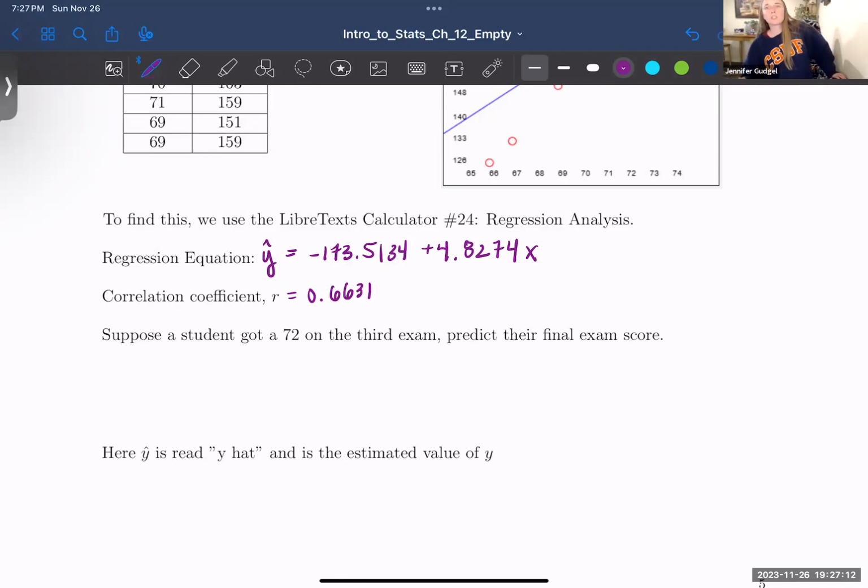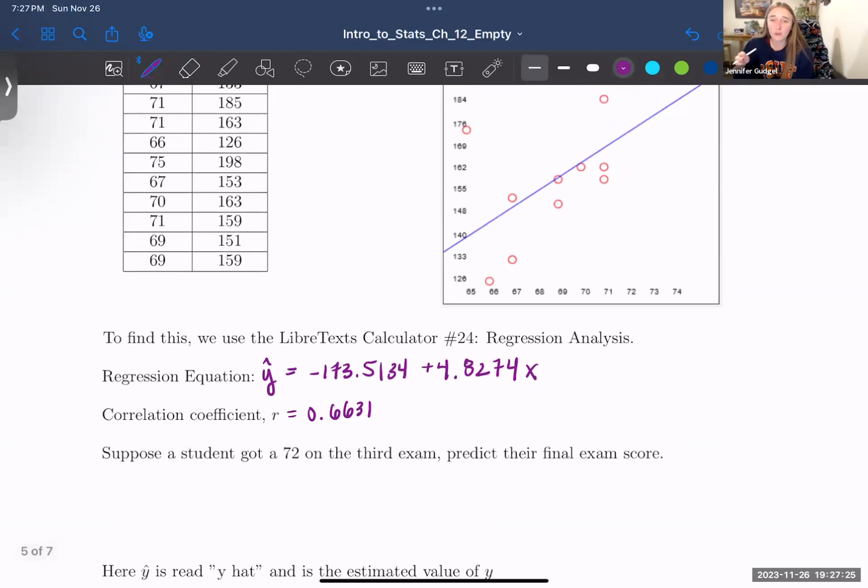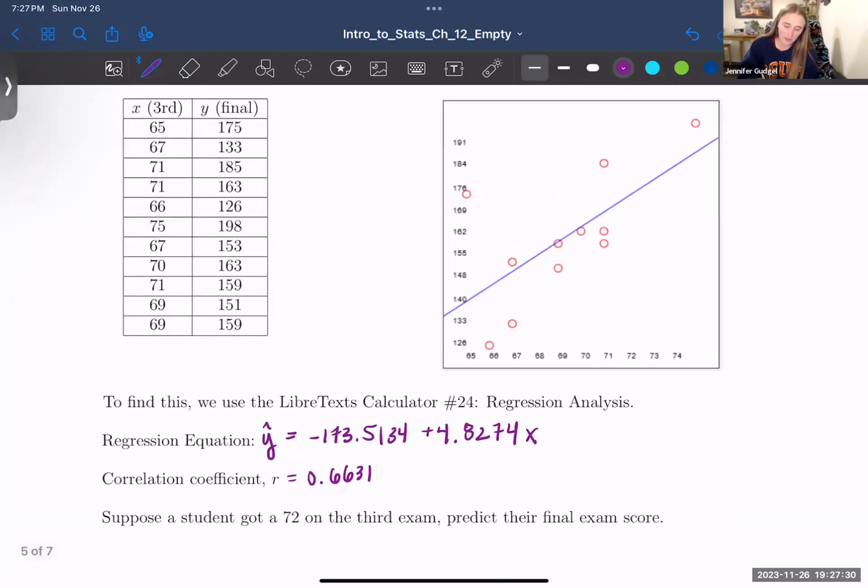Now, the correlation coefficient is important. It's because this is actually letting you know how good your line is fit. If your R is 1 or -1, your line is perfect. It touches every single piece of data. If your R is 0, that means that there really is no correlation going on. And here we have 0.6.